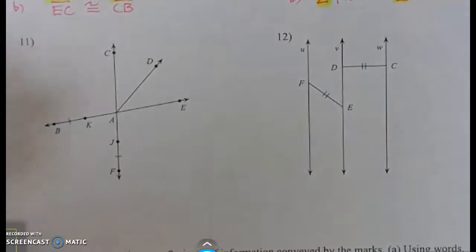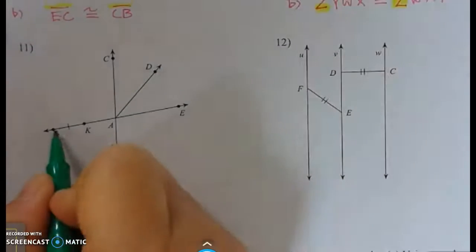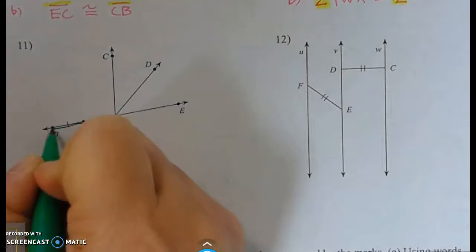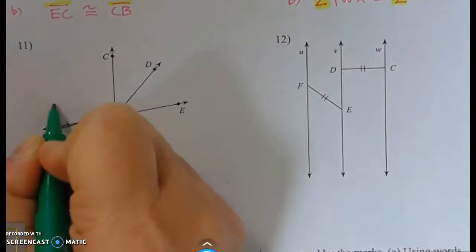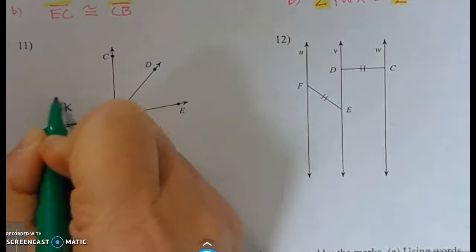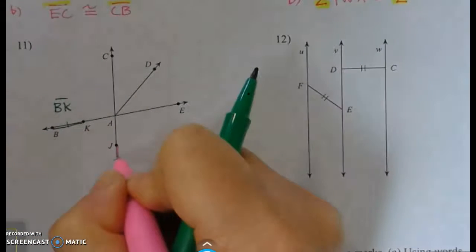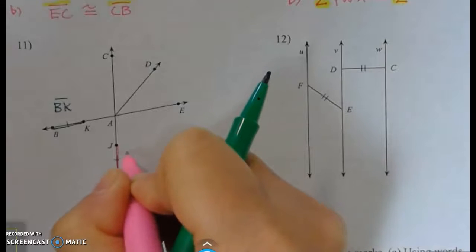Alright, so what do we know here? Okay, we know that BK is a segment. It's a line segment with a tick mark. So line segment BK is congruent to line segment JF.